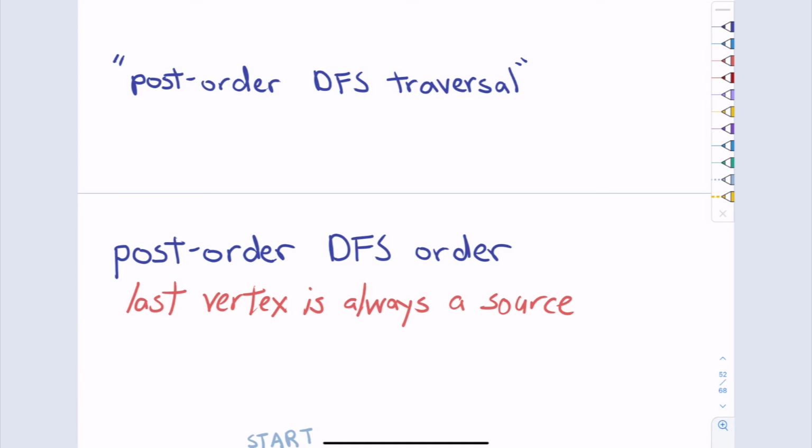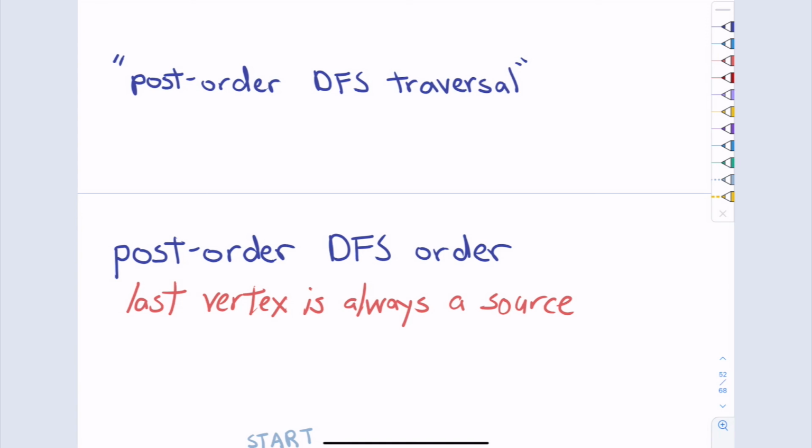Now, you might think that the first vertex has to be a sink, like DFS gets to the bottom and then it propagates back up. That's actually not quite true. But you can prove that the last vertex in the post-DFS order is always a source. You have to make sure you put a driver around the whole thing. So DFS will always give you access to a vertex in a source component, but I want a vertex in a sink component.